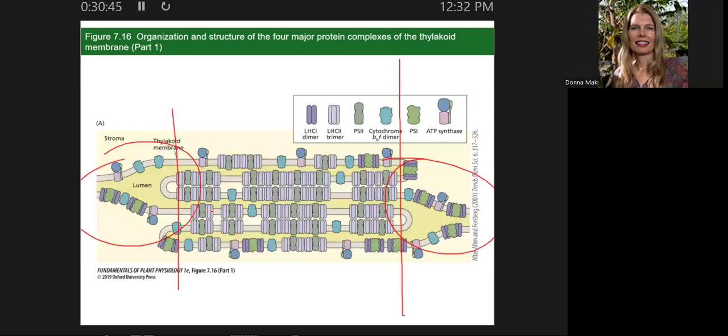So here, the other thing on this image, they're showing LHC1, LHC2. That stands for Light Harvesting Complex, Light Harvesting Complex. That's their fancy way of talking about antenna systems. The antenna systems that surround photosystem 1 are called Light Harvesting Complex 1 molecules. So that's where you see all of the green here is surrounded by the purple.